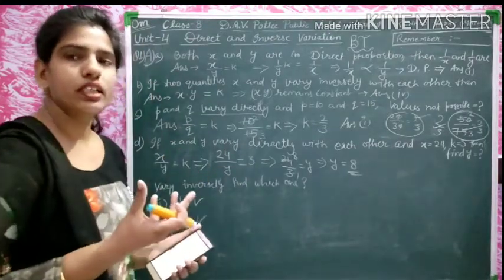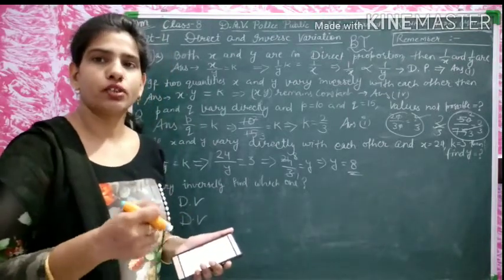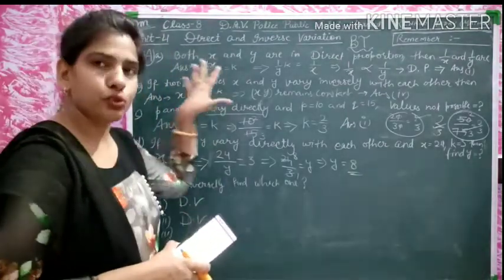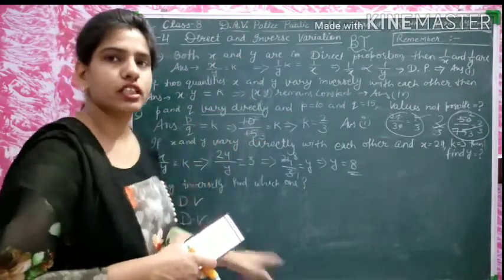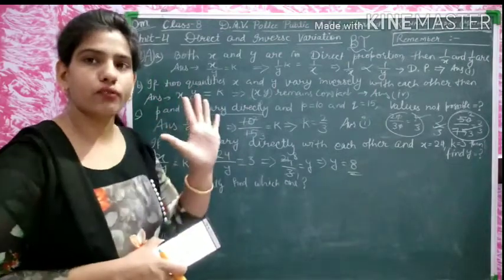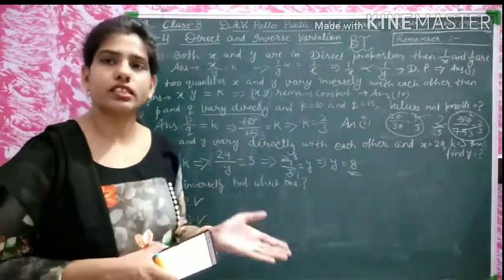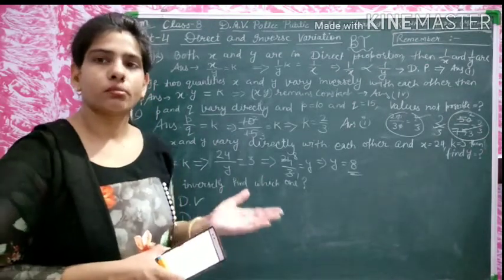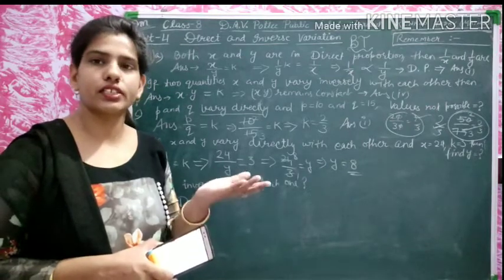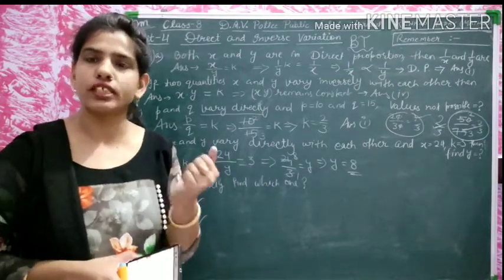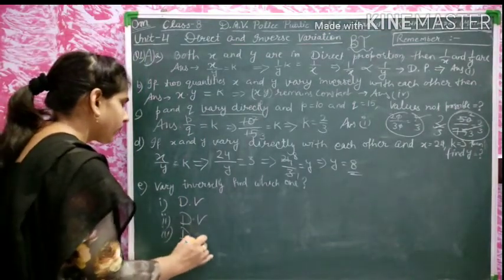Amount of work done means how much work has been done. If 2 workers, then work is this. If 3 workers, the work is this. And if there are 5 workers, the work is this. It means this is increasing. As workers are increasing, the amount of work done is also increasing. It means there is also the direct variation.